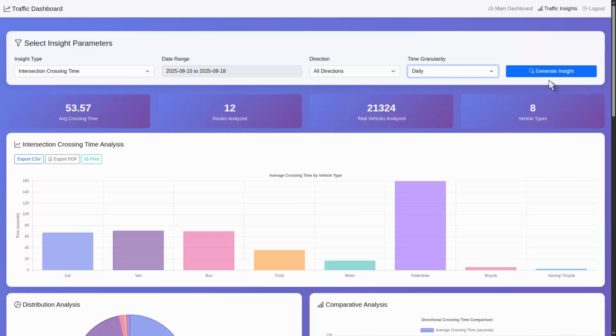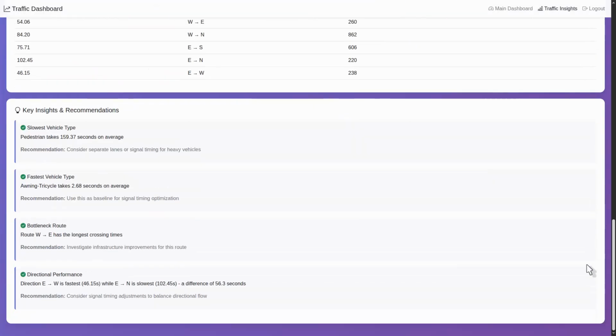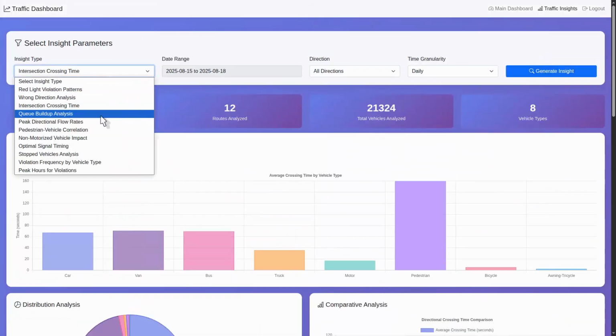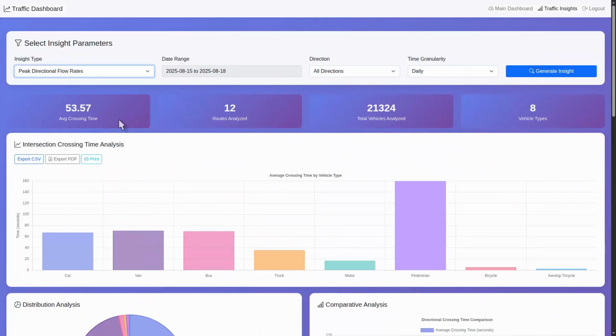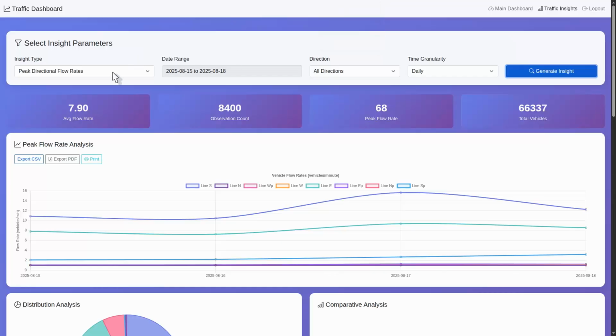Moving forward, if we change the granularity to daily level, we see a similar picture, and we see it on a daily basis. So next, peak directional flow rates.